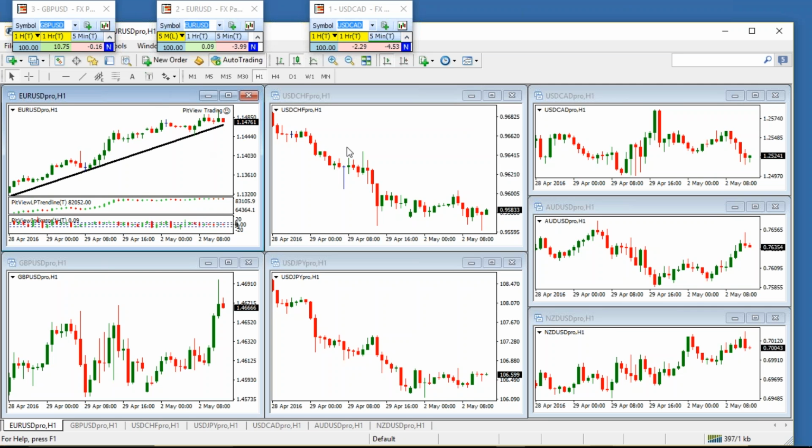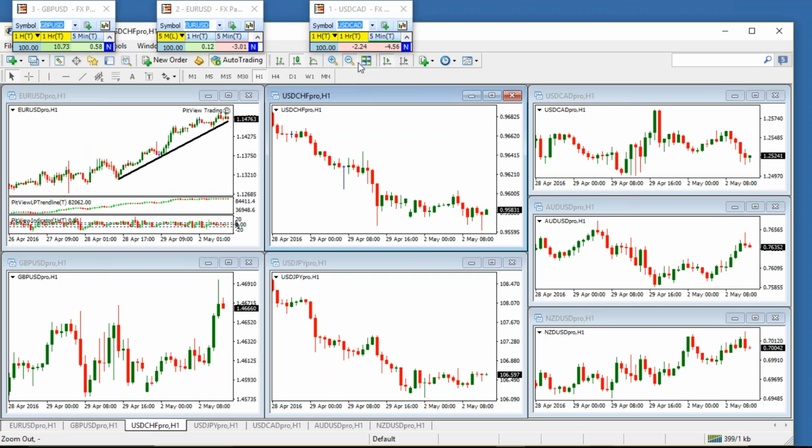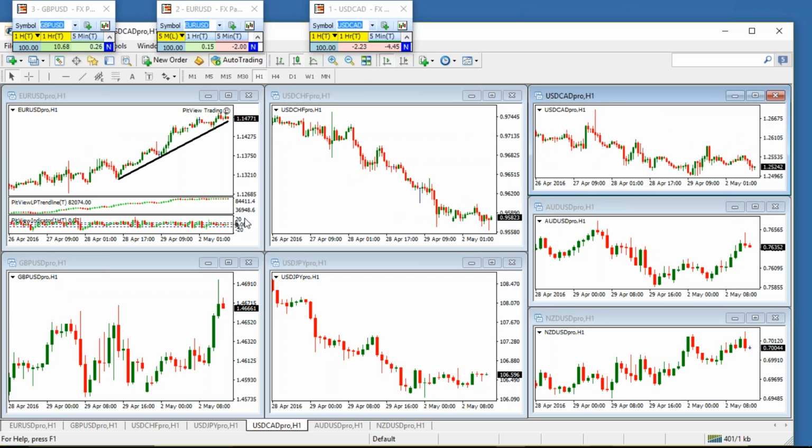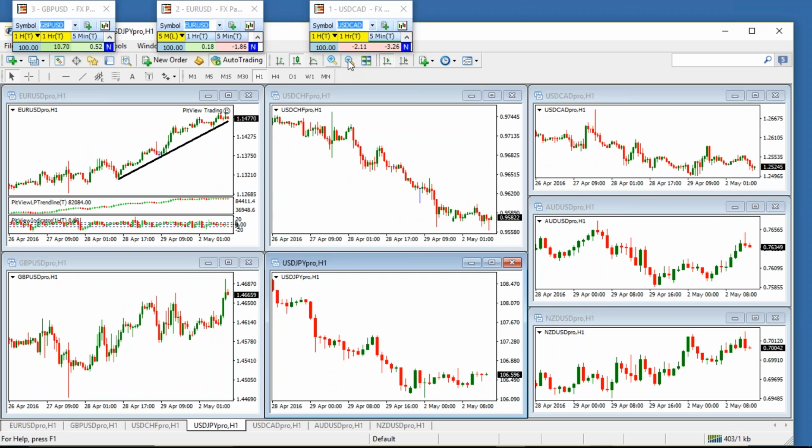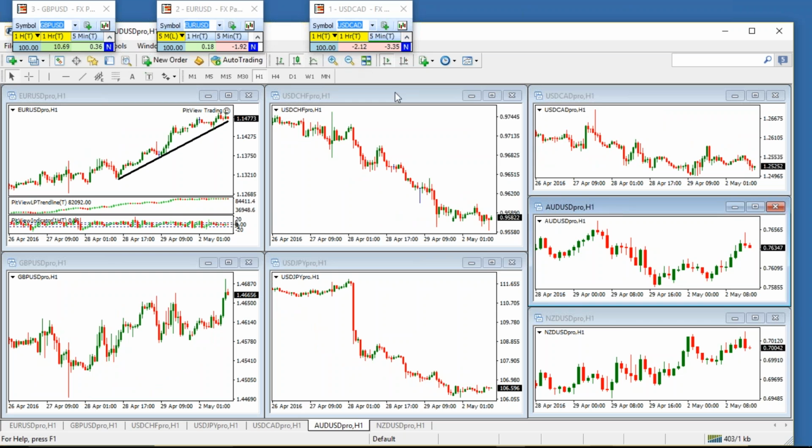And when you look at what the dollar's done since, even going back to previous weeks, if we zoom out a little bit on these hourly charts, it's no doubt the dollar's been going through weakness here.